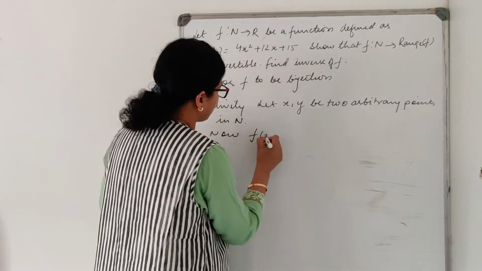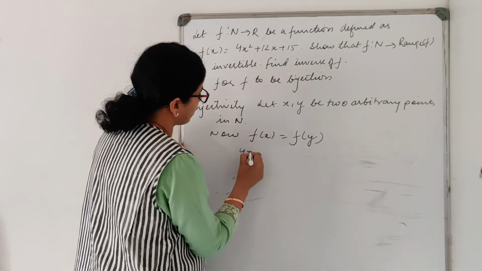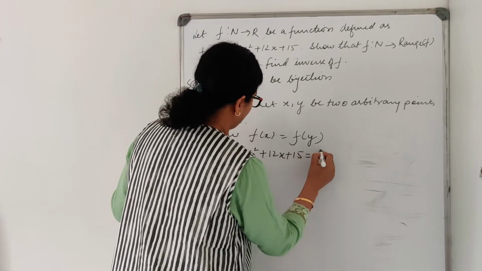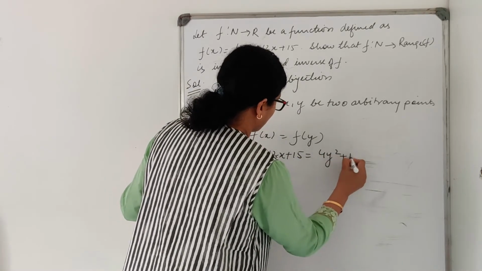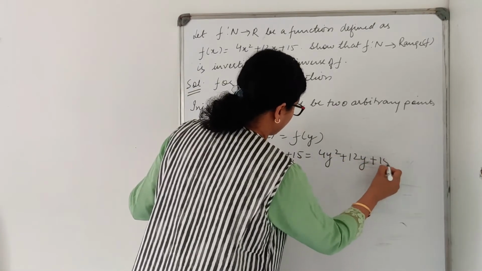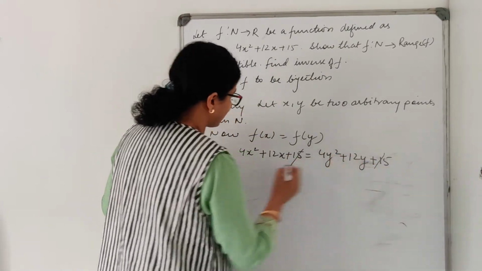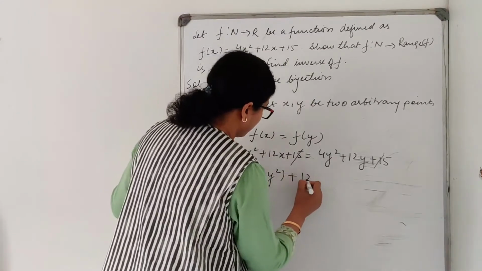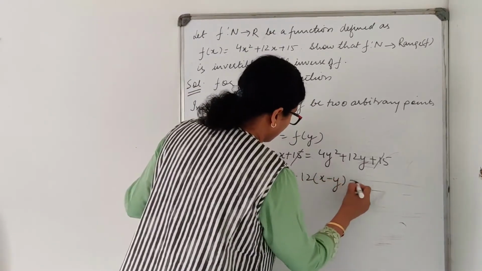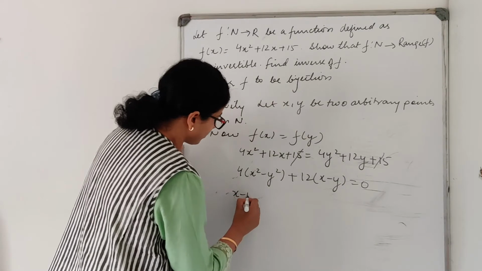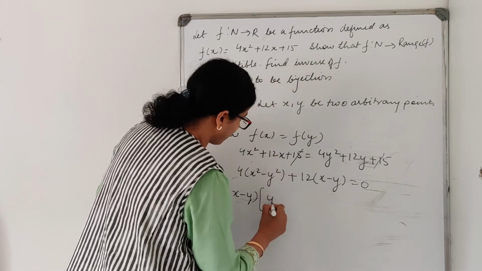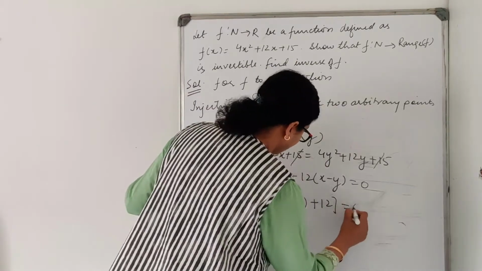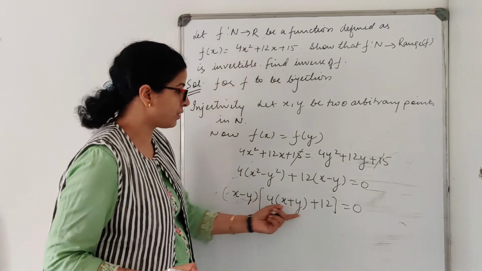Now f(x) is equal to f(y). So 4x square plus 12x plus 15 equals 4y square plus 12y plus 15. Okay, 15 gets cancelled. 4(x square minus y square) plus 12(x minus y) equals 0. (x minus y) I can take out common. Here 4(x plus y) plus 12 will remain.